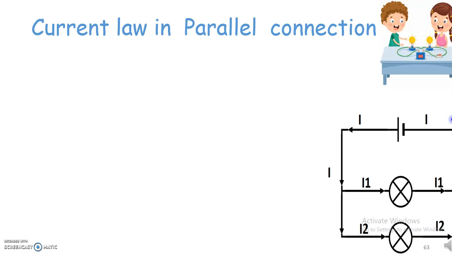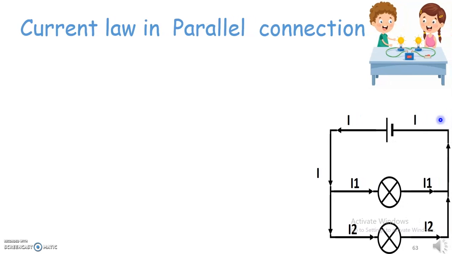Let's talk now about currents. In this slide, the current I is sent from the generator. Generator means battery, means dry cell, the source of the electricity. It reaches this point, and at this point it splits into different portions. It divides up into I1 and I2. I1 flows in the first path, meaning the first branch, and I2 flows in the second branch.